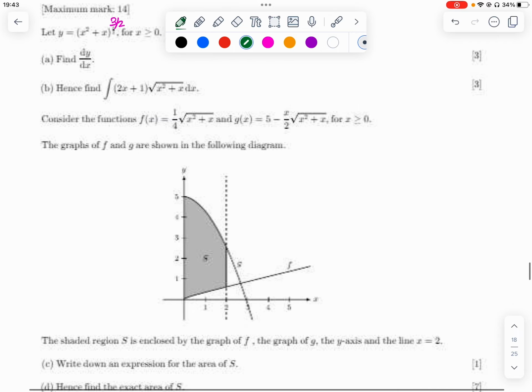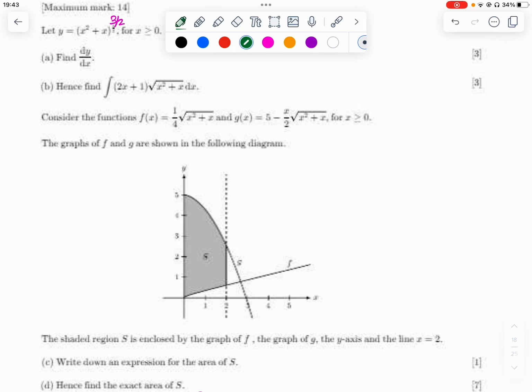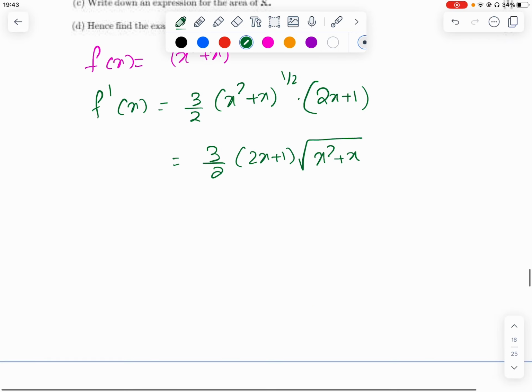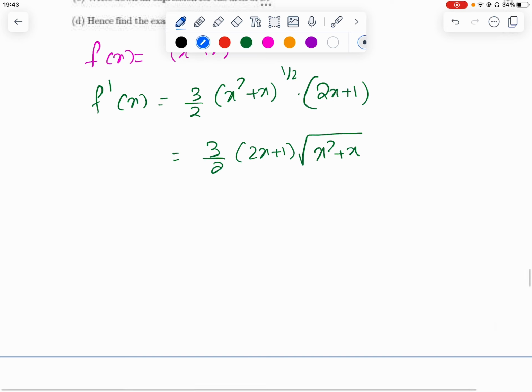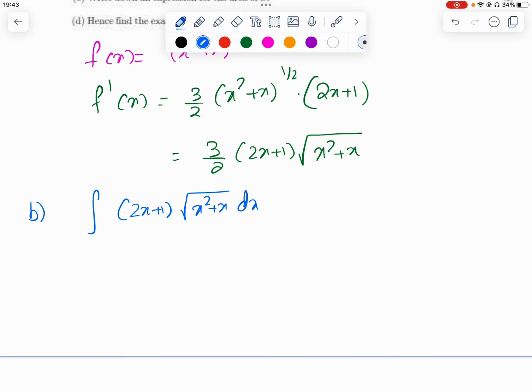Next, what is he asking? Find the integral of this one, part B. So integral of (2x plus 1) times square root of (x square plus x) dx. So we can clearly see that this is f of x and this is f prime x.